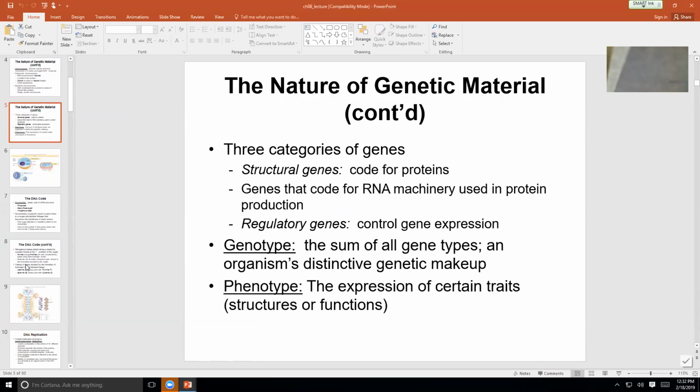A characteristic, a recipe for a protein to be made. Some genes are structural, which means they're coding for proteins, and some are regulatory, which means they're regulating gene expression. So there are different classes of genes, but we know kind of what that means.